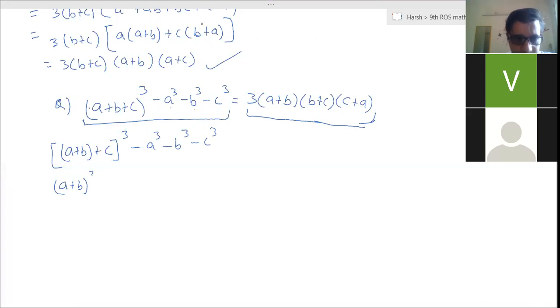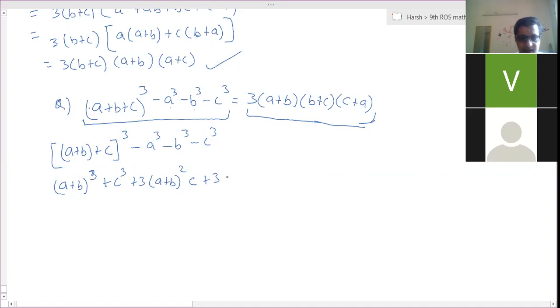So a plus b the whole cube is a cube plus b cube plus 3a square b plus 3a b square, correct? Minus a cube minus b cube minus c cube.